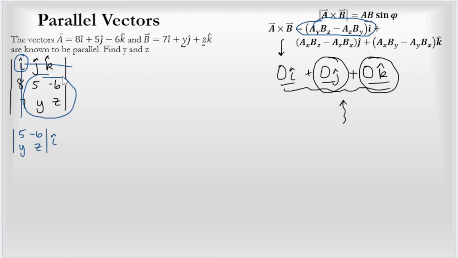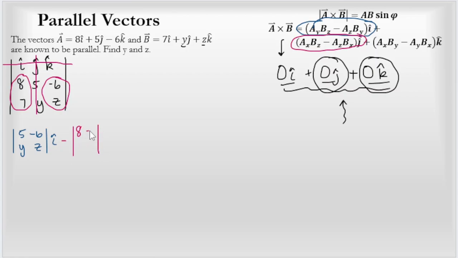Okay. Let me get rid of this stuff so you can see how I do the next one. Let me do red. Then if I'm doing the j hat component, I'm going to go to the j hat in the first row and cross off those two, and then do a 2 by 2 matrix of those. So I'll go minus 8, negative 6, 7, Z, and that will be in the j hat direction.